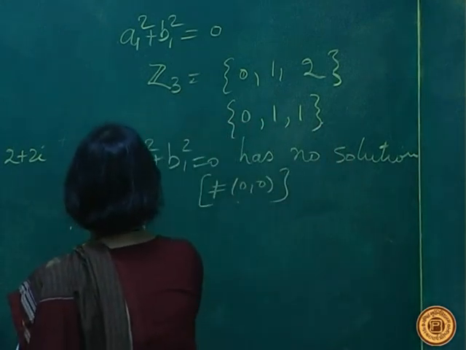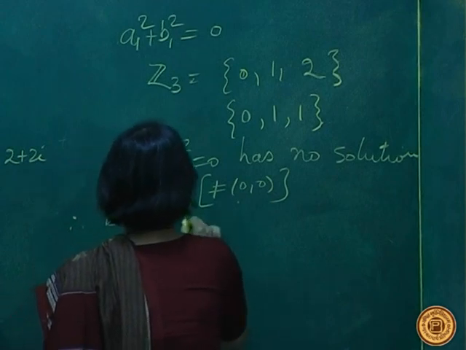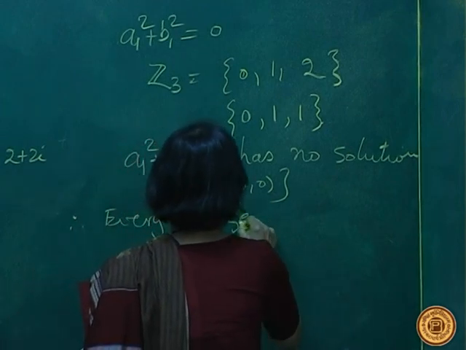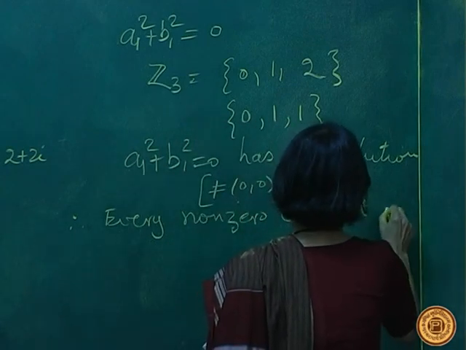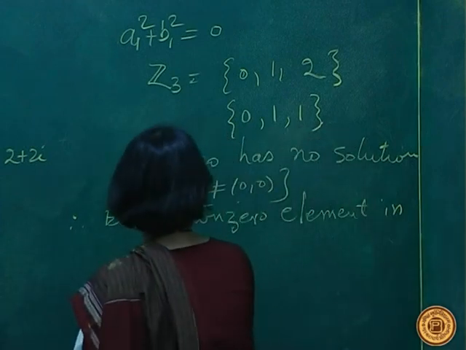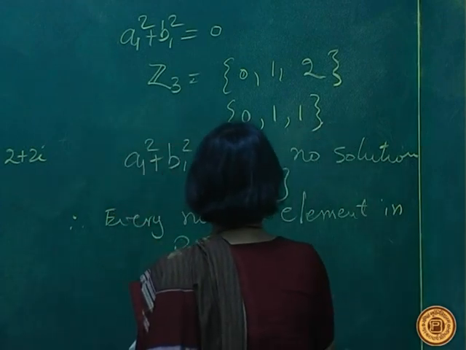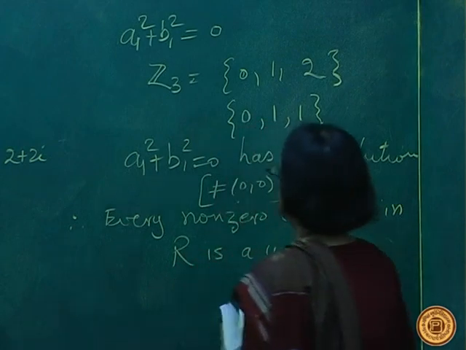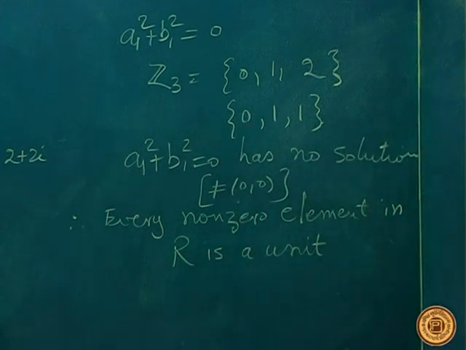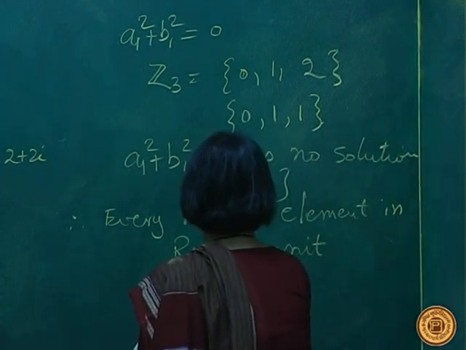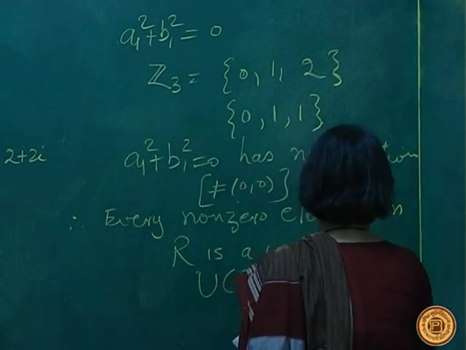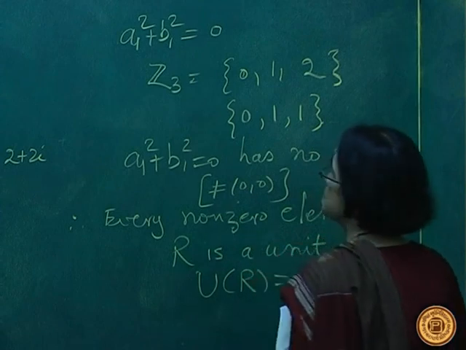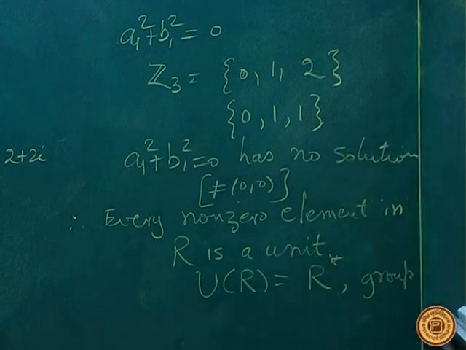Therefore, every non-zero element in our R is a unit, and I know that the set of units forms a multiplicative group. So U(R) is equal to R star, and it is a group under multiplication. So I have achieved the first part.